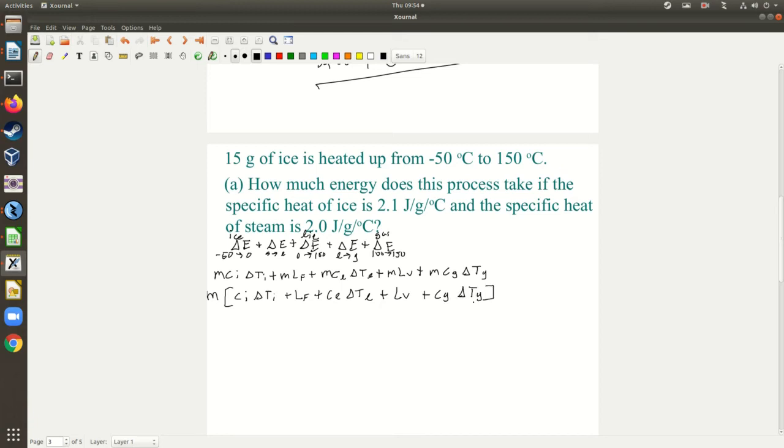Now I plug in my numbers. 15 grams. Okay, C of ice is going to be 2.1.